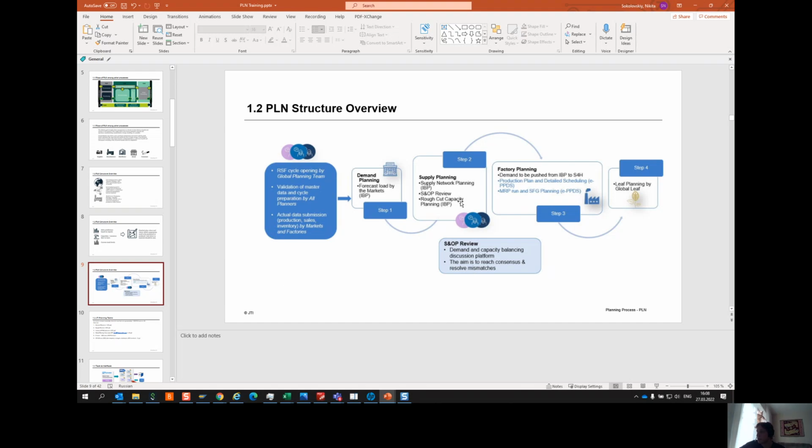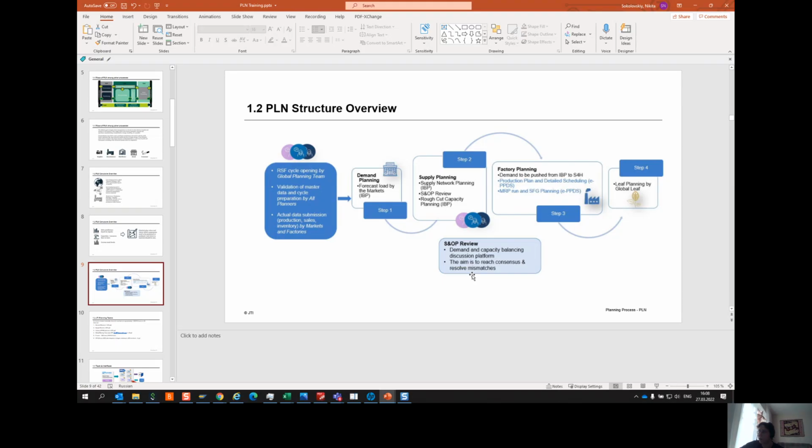Yes, also between supply and factory planning, we have an extra step, which is divided into a separate category. It is called S&OP peer review. S&OP peer review is purely conducted by business.